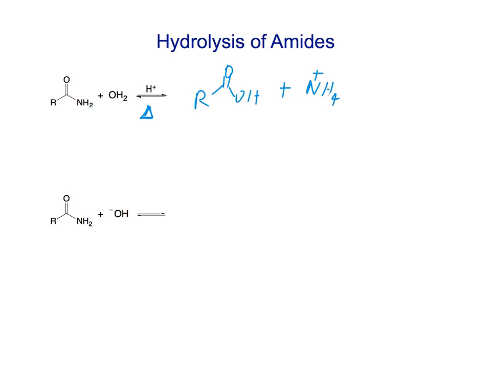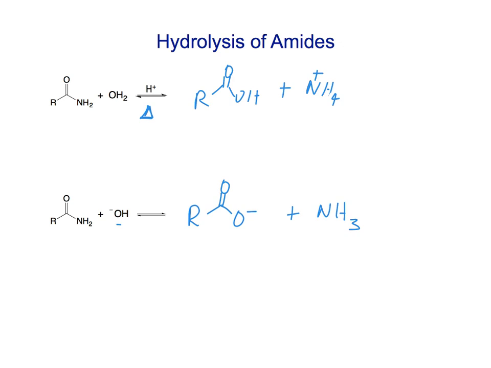So this follows just the same mechanism as the ester hydrolysis. We protonate on the oxygen, water comes in, and then we have to protonate again on the nitrogen so it can be a good leaving group. Down here is the base-promoted hydrolysis, same thing. We get the carboxylate anion plus ammonia.